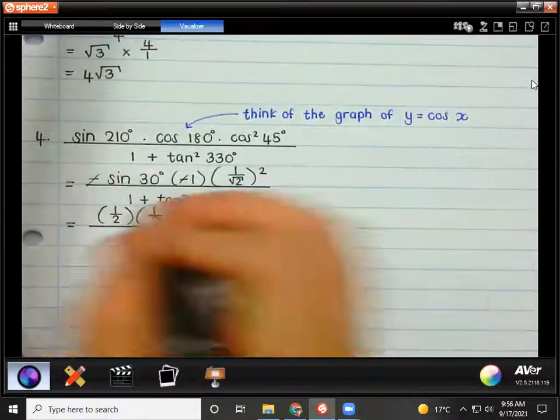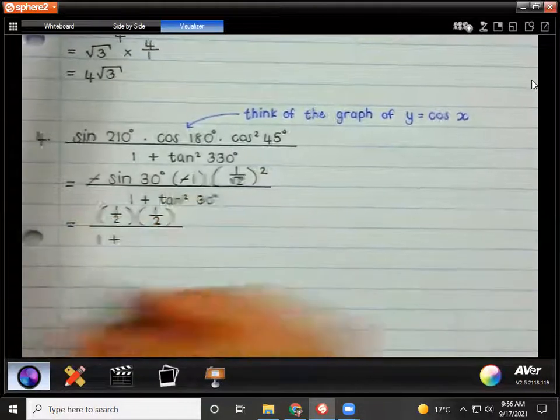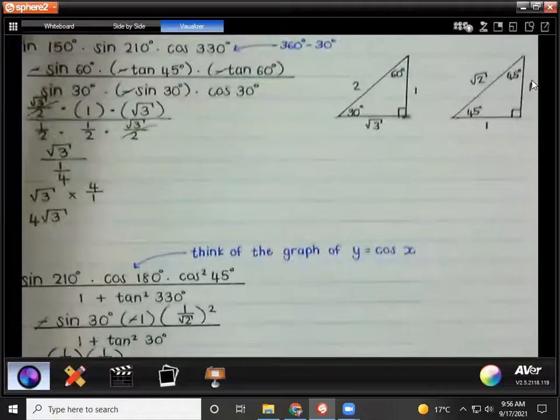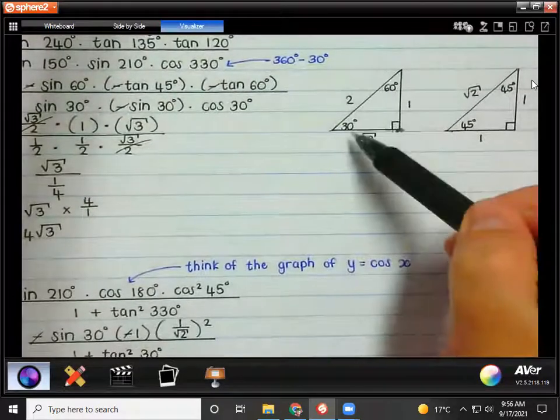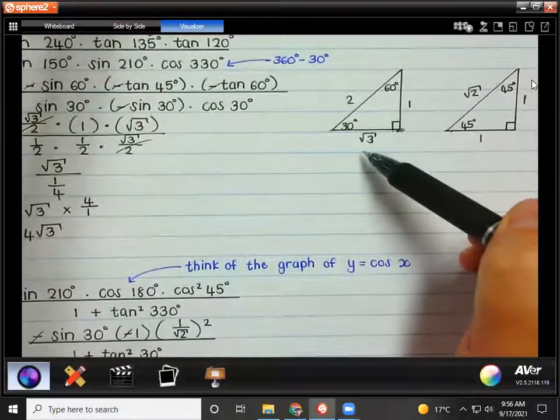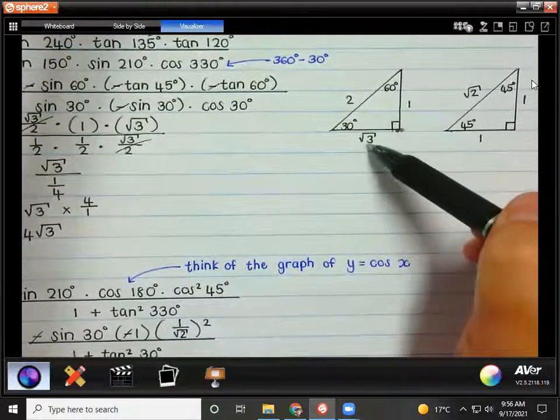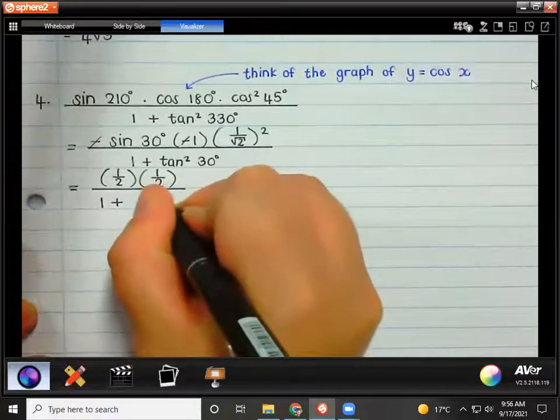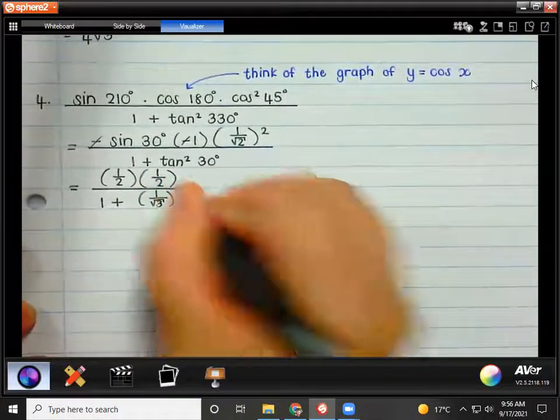Over 1 plus, now I must find tan 30 and then square it. So we go up to our triangle. Tan is opposite over adjacent. So 1 over √3 and it's tan squared. So we're going to have to square that. So we're going to have 1 over √3 squared.